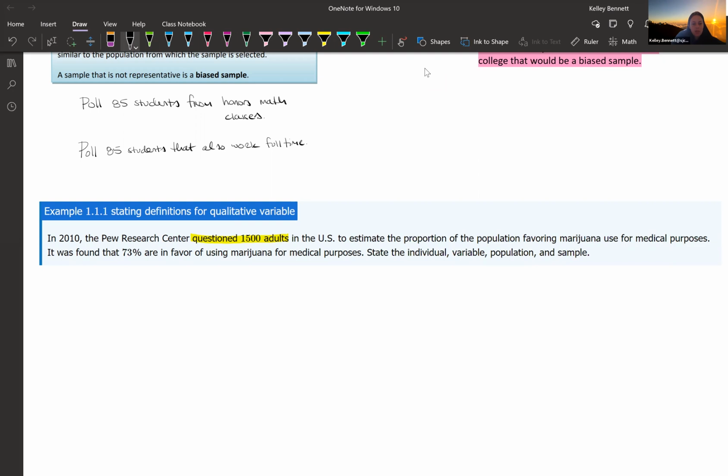So our sample is actually the 1,500 adults surveyed, and it's going to be 1,500 because you're asking them a yes or no question, right? Are you in favor of using marijuana for medical purposes, yes or no? So it's going to be 1,500 responses that are either yes or no.